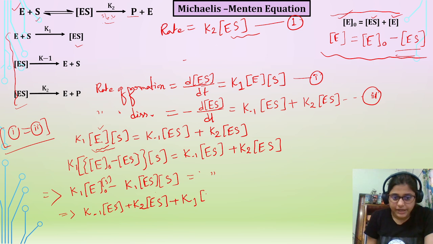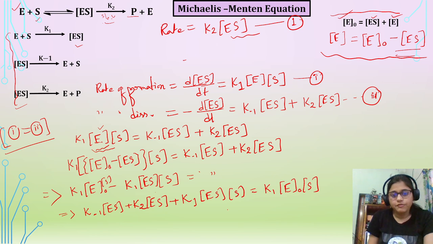Yes. K1 ES into S will be equal to K1 E0 and S.